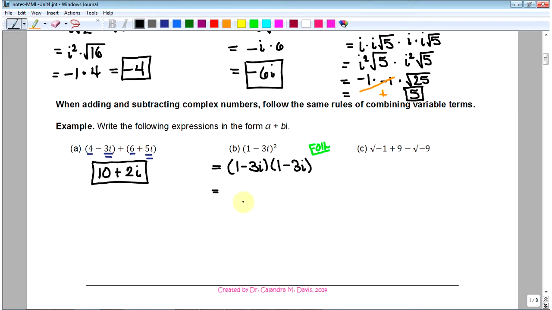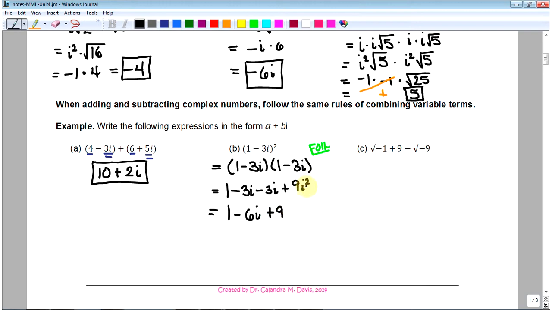So when we do first times first, that's 1. Outer times outer is negative 3i. Inner times inner is another negative 3i. And last times last is plus 9i squared. So negative 3i minus 3i, we're treating it just like a variable, to get negative 6i, plus 9i squared.